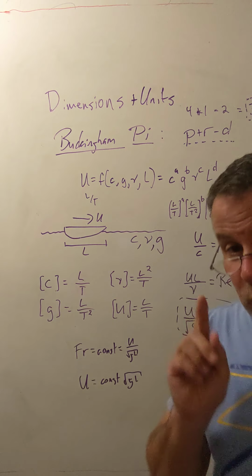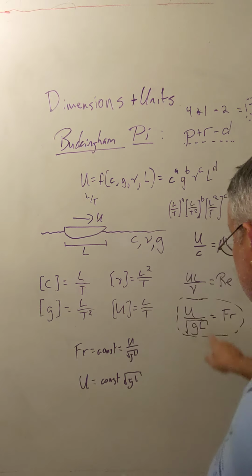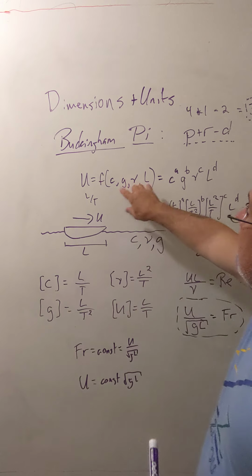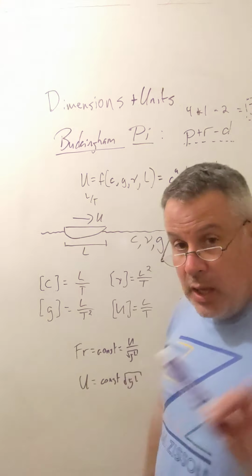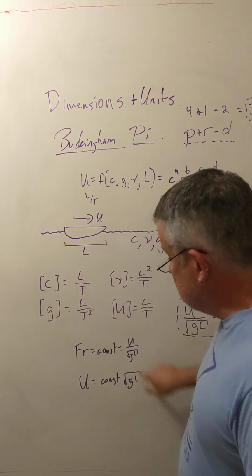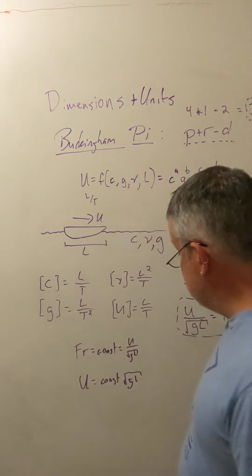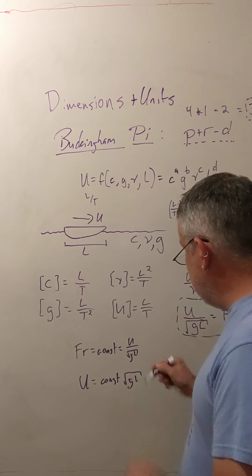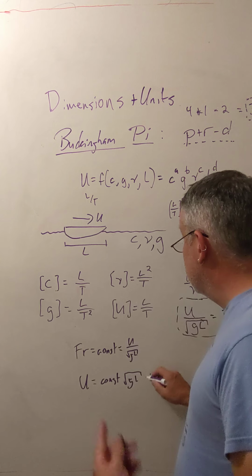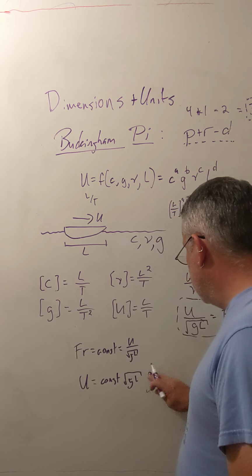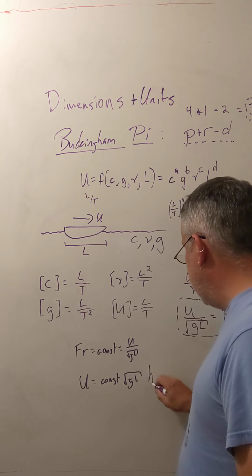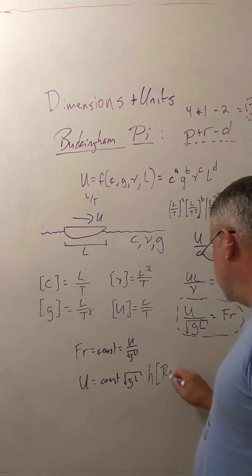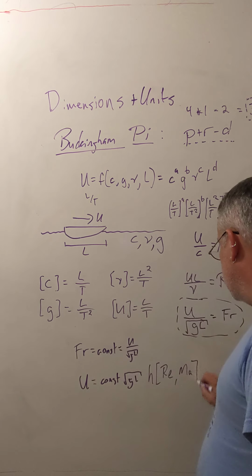Okay. What if you have more than one Buckingham parameter? What if we want to make some combination of the Froude and Reynolds and Mach number? Then we're back into this kind of a complicated setup. And so we might take this as the leading approximation: U equals a constant times the square root of gL times some function. We've already used F up there. Let's use function H, which is a function of the remaining parameters, Reynolds number and Mach number.